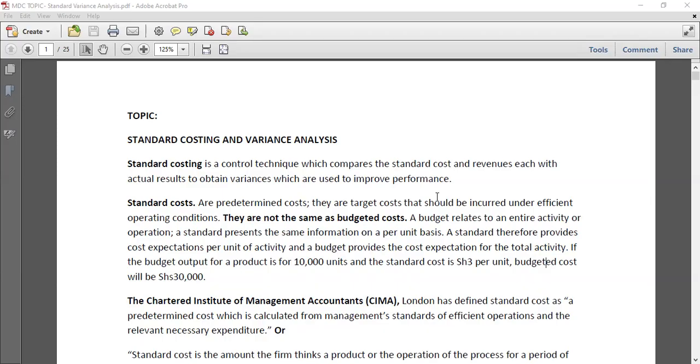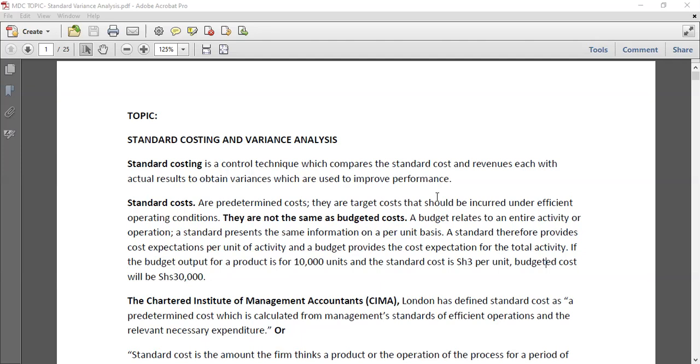So with standard costs, an organization gets to a point in time where it sets a basis for measuring its performance, to say this is the standard material that is needed to make a product. I usually use the example of a bakery. This is the standard material that can produce a single cake of maybe 5 kgs, this is the standard number of hours that labor should spend on this production, and this is the standard number of hours the machine should take in producing such an item.